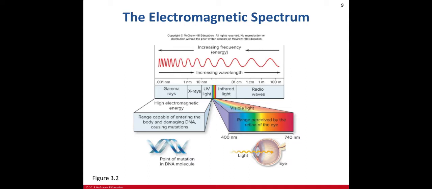They can actually mutate our DNA, to x rays that we use in diagnostics, to the UV light, which can also cause damage to cells. Then the visible spectrum of light, where we can see colors, and that light will go to your retina, causing a chemical reaction so that you see. And then, of course, infrared and radio waves at the lower frequency. But all of these are types of energy, right? It's moving as this wavelength.